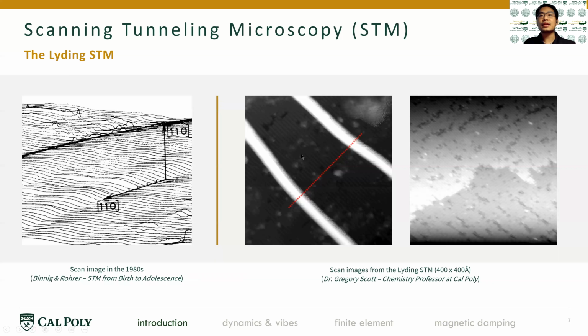The red dotted line here is about 20 nanometers, and the two white lines are actually the carbon nanotube on the surface of graphene. You can see that from the first image in the 1980s to now, we have gone a long way to get high resolution images from the STM.